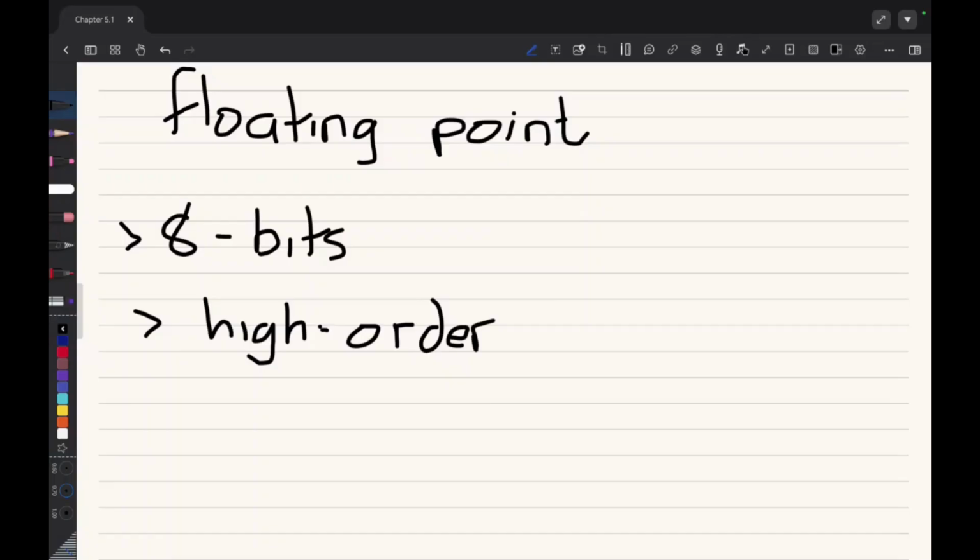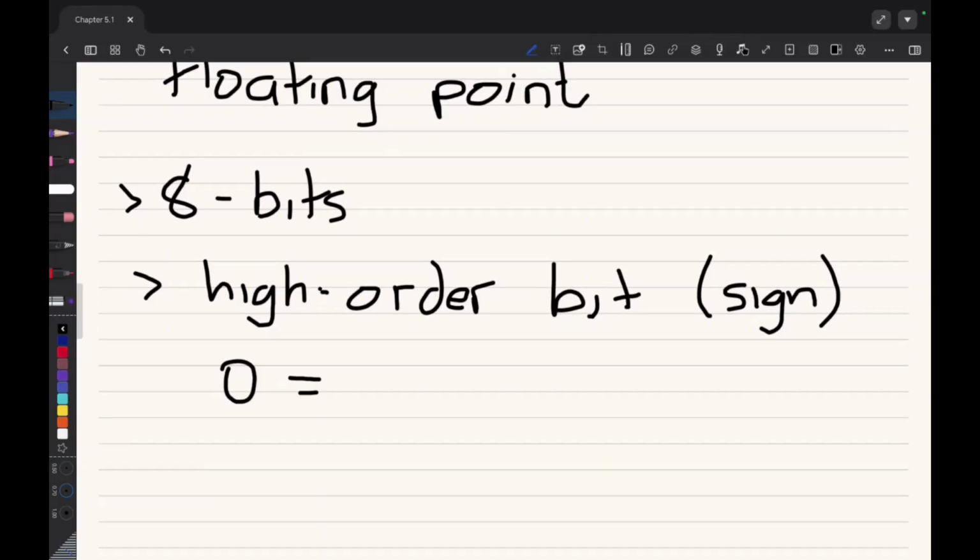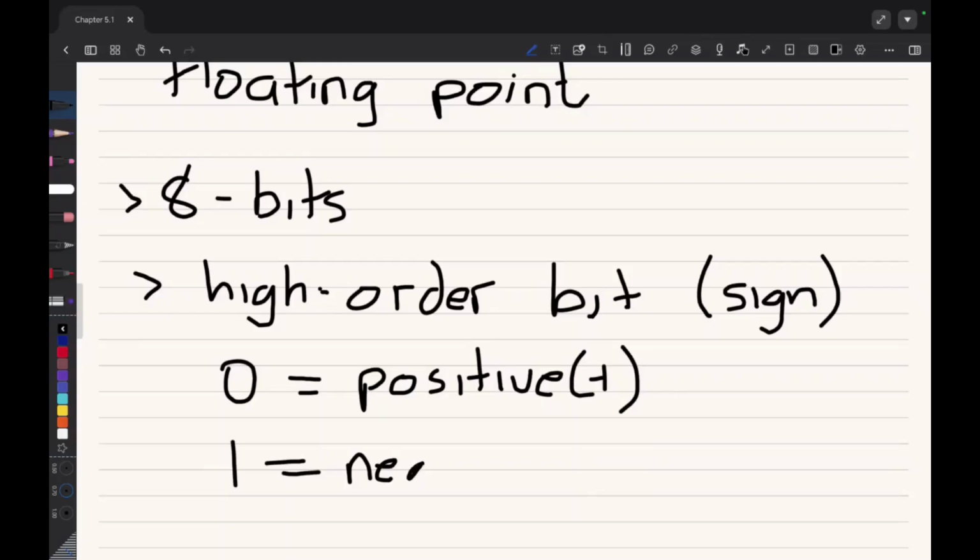Now here we have a high order bit and it's a sign. Now this can either be a 0, which is positive, or a 1, which is a negative.